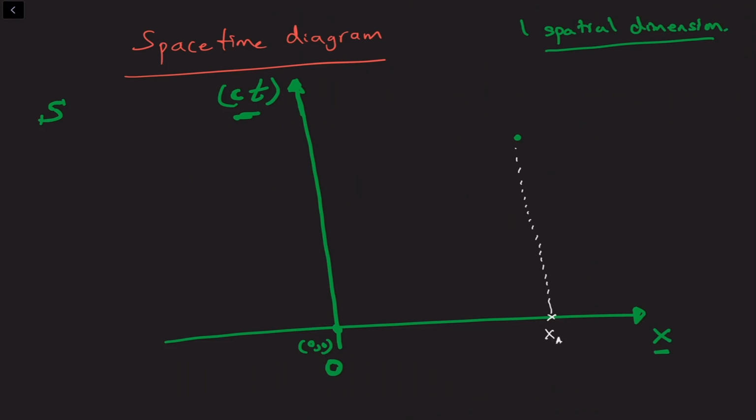Let's call it event A, and this coordinate is xa. And if I want the time coordinate, I would drop a perpendicular onto the time axis, and this tells me what c times ta is. So I would have located this point as being at a spatial coordinate xa and a time coordinate ta. So I've identified the time and space coordinates of this point.